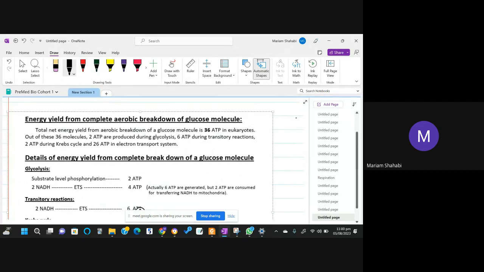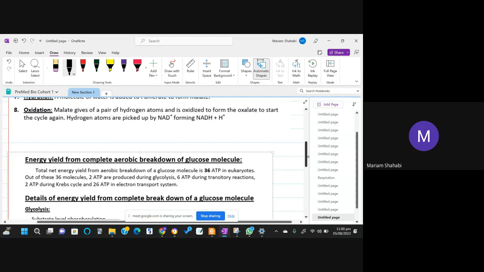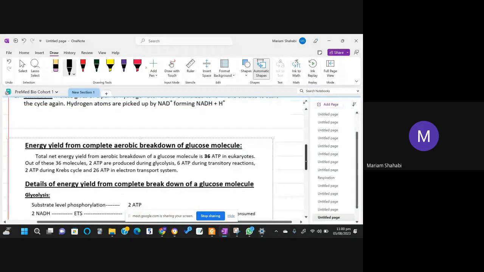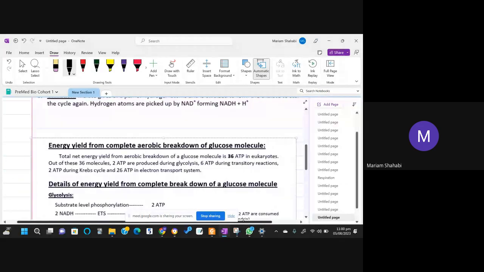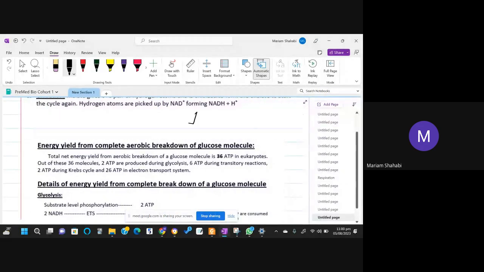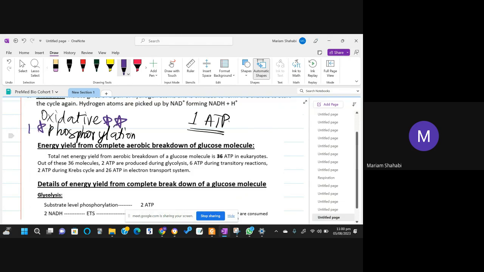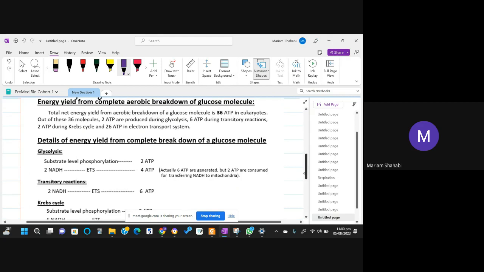Okay. Now those 2 ATP obviously are not enough, which is why we're doing this entire thing of the Krebs cycle and the electron transport. Now notice how much hype the Krebs cycle had. Remember that it's going to be this one big reaction we need for aerobic respiration, but from there also we just got one measly ATP. Okay, 1 ATP again. So that tells you the importance of oxidative phosphorylation, that so far we have only been able to make 3 ATP, even after doing so much. So this is the star of the show. Okay. All the work is of this, you know, the electron transport chain, and this is why the electron carriers are important.